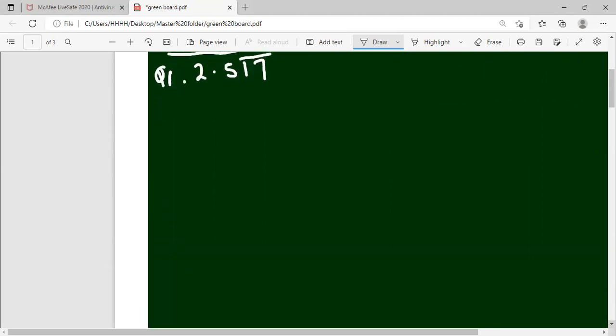All right. So what we can do is write that number as a fraction. So we can say let a variable x be equal to 2.517.